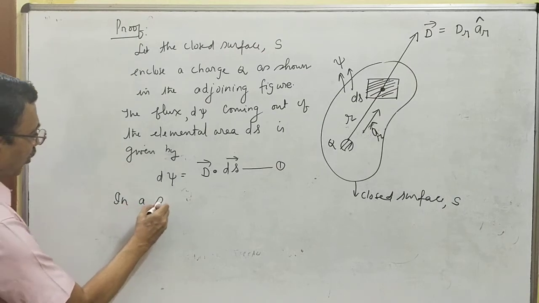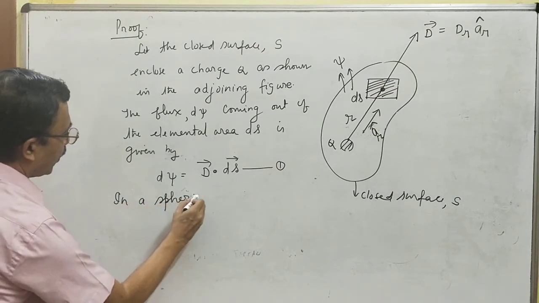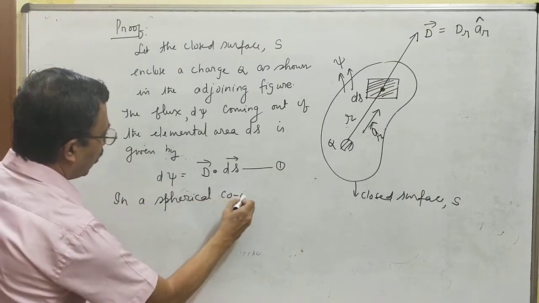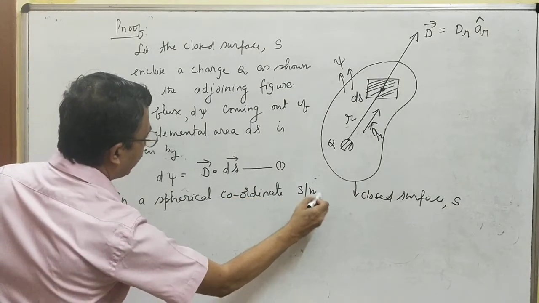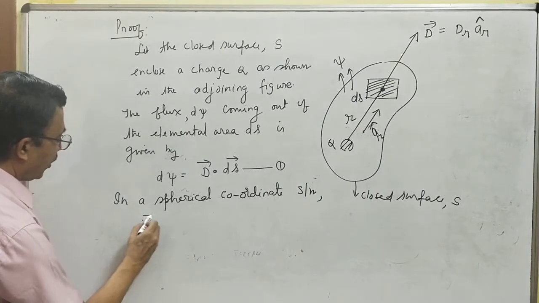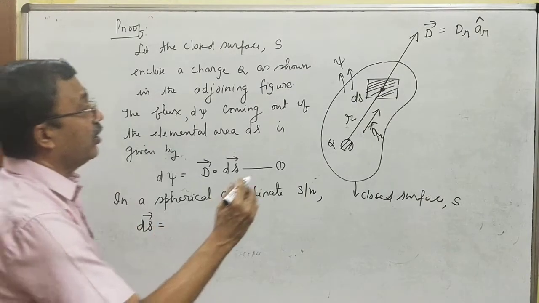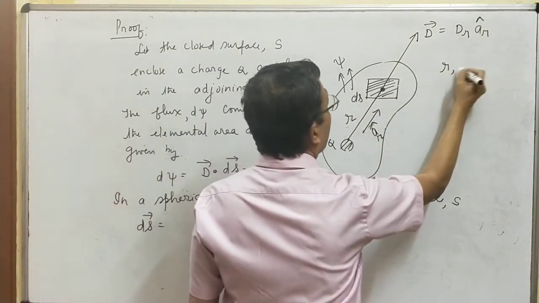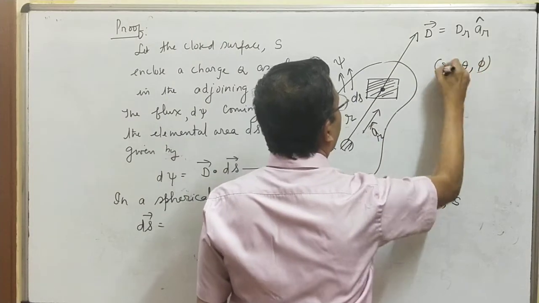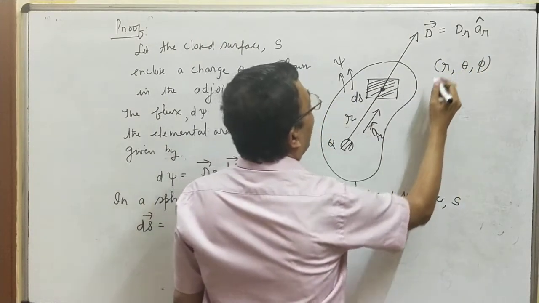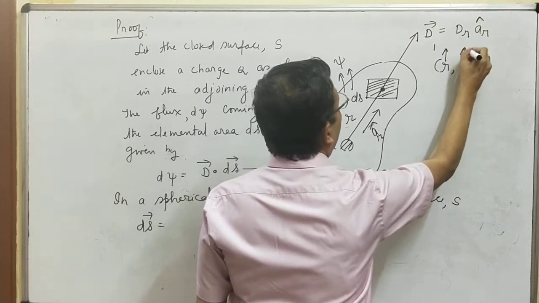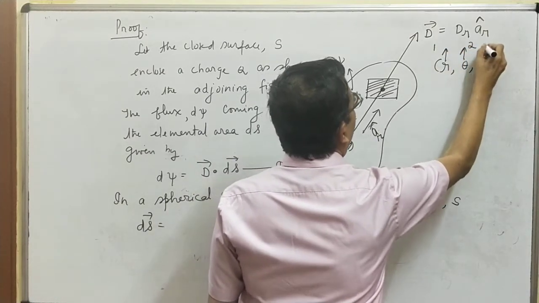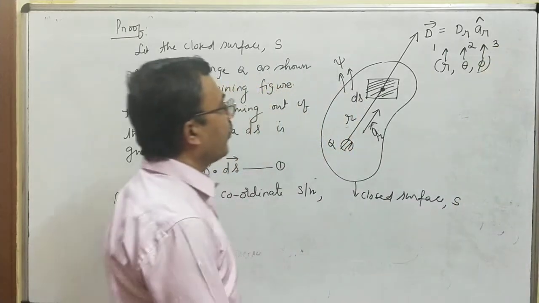In a spherical coordinate system, vector ds has 3 components. What are the coordinates of a spherical coordinate system? R, theta, phi. R is associated with suffix 1, theta is associated with suffix 2, phi is associated with suffix 3.